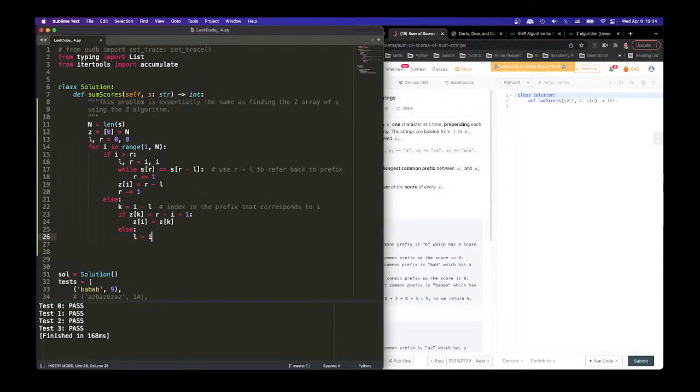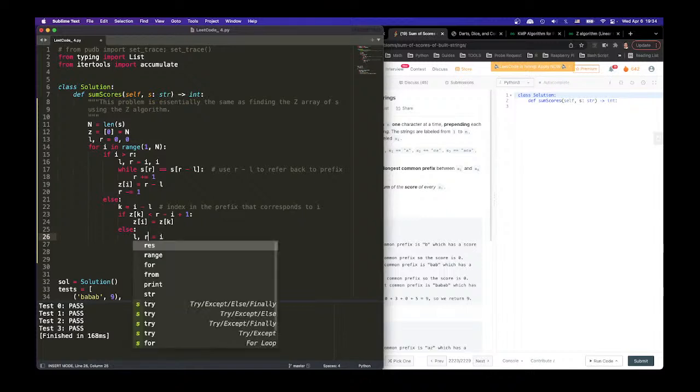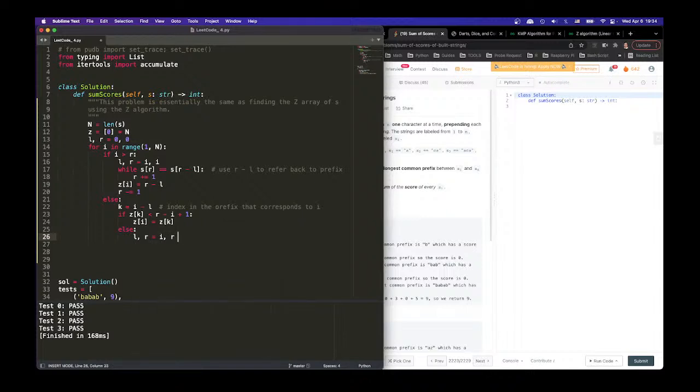So that's the start of the matching, and R equals, we can actually say R equals R plus 1, because it's matching all the way to R. So we're going to set R equals R plus 1. Okay, so R going out.